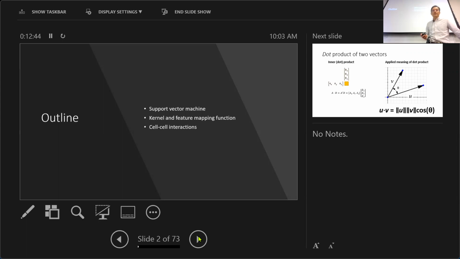Then I will show you how to use data-driven method to infer that there are some kind of interaction from one cell type to another. Okay, with a direction. So one cell type interacts with another, and that cell type will feedback with communications.